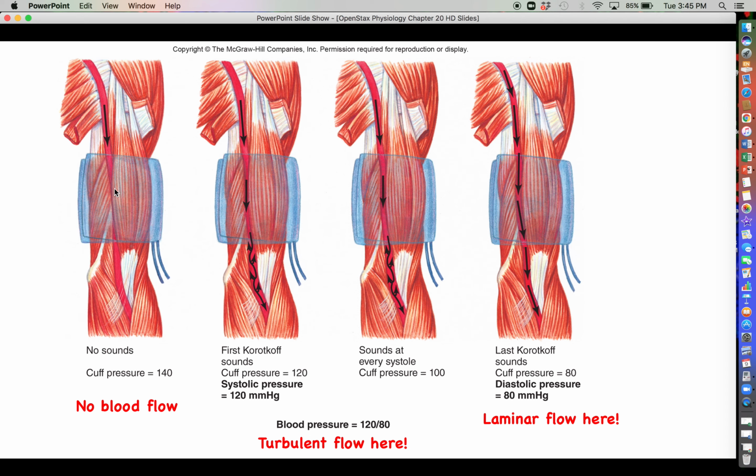Once you have the cuff totally inflated, you are going to start opening the valve on the cuff, and you're going to slowly start releasing air out of the cuff, and the pressure on the cuff's gauge is going to start coming down.